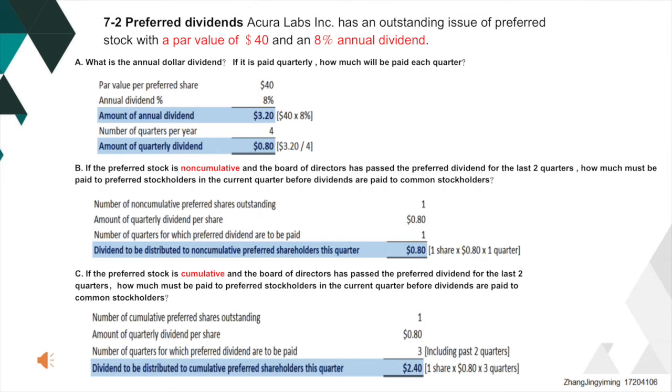So the last 2 quarters plus the current quarter must be paid first to preferred shareholders. We use the amount of quarterly dividends per share times 3 quarters. So the dividend to be distributed to cumulative preferred shareholders this quarter is equal to $2.4.